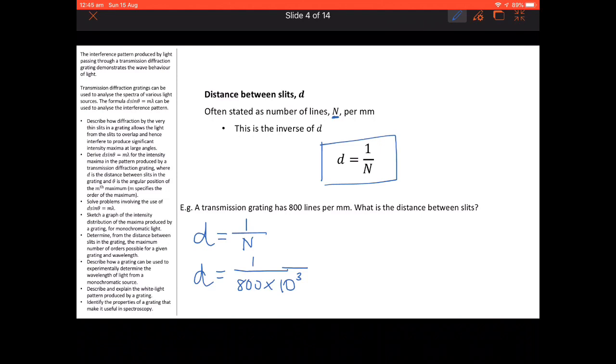So if there's 800 lines per 1 millimetre, then there's going to be 800 by 10 to the 3 lines per metre.